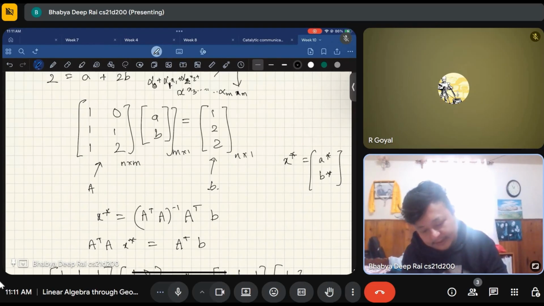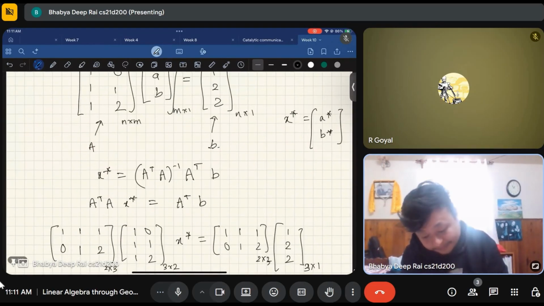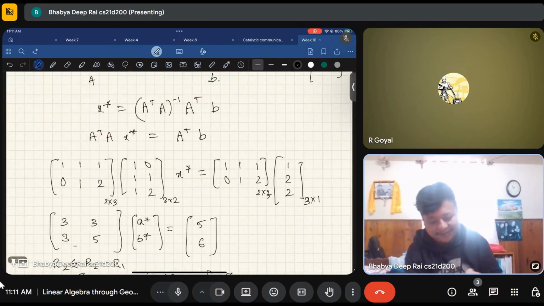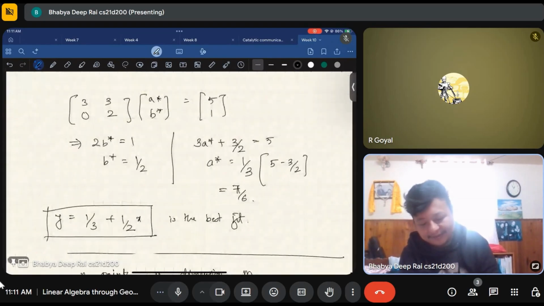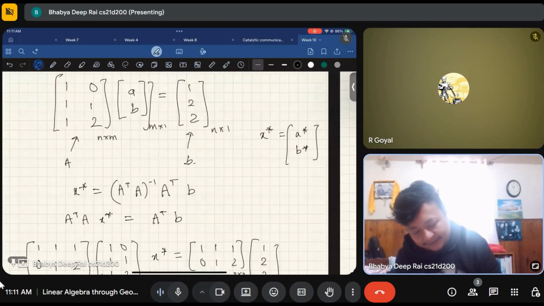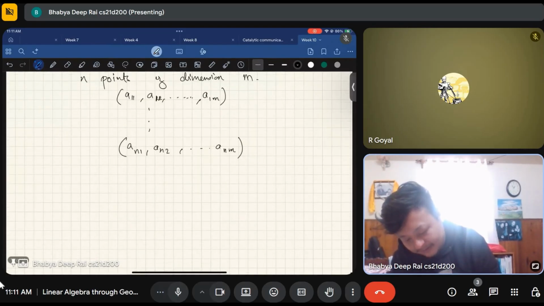Next is just matrix multiplication of an n cross m matrix, m cross m matrices or m cross n matrices, and so on. Let's just assume that m is order n.